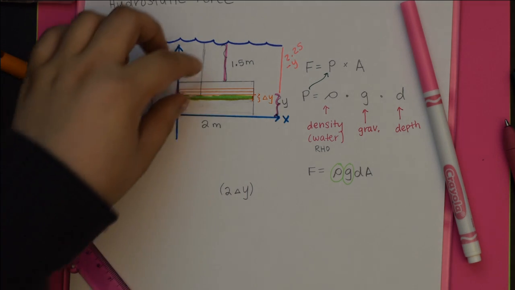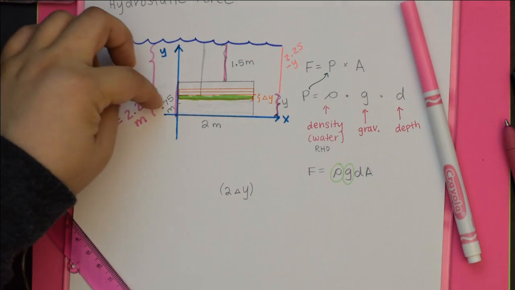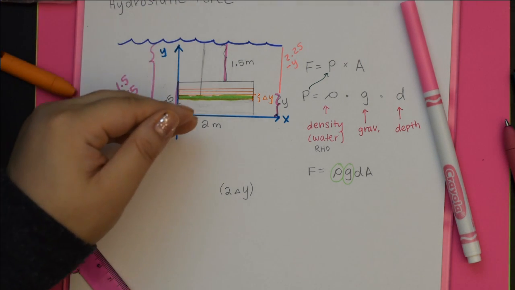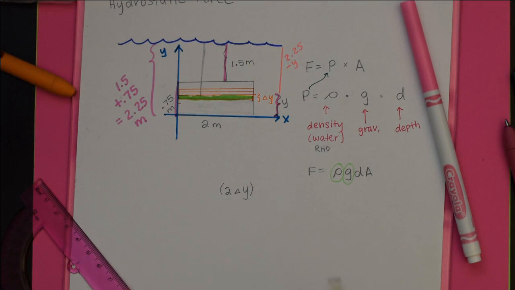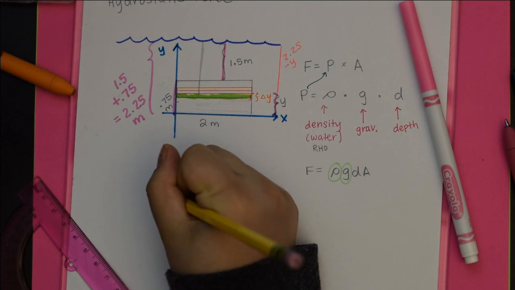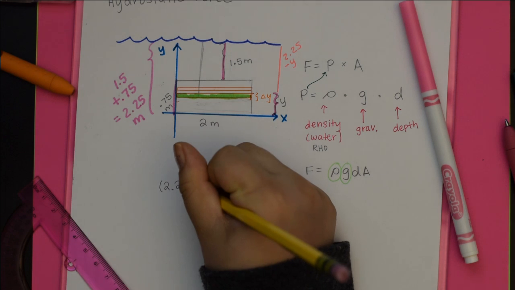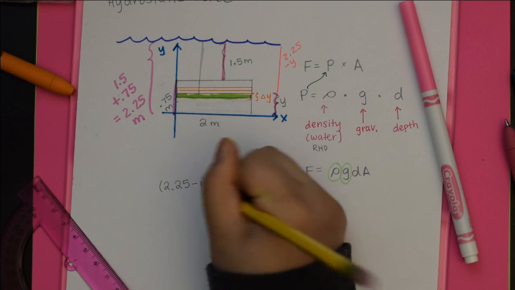So that means the actual depth of my particular rectangle is 2.25 minus that y. Okay, I hope that makes sense. So my depth is 2.25 minus y.